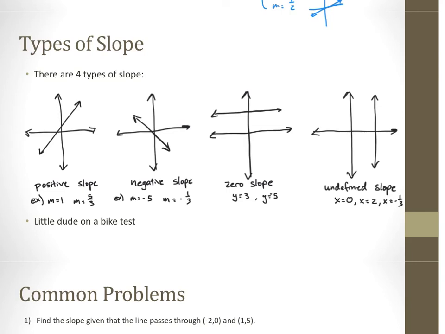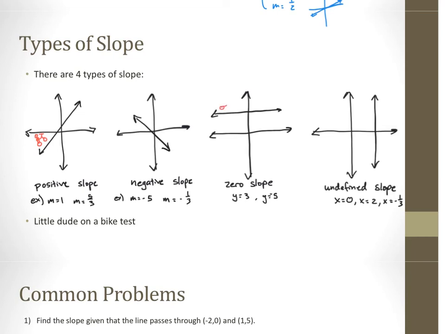And a quick and easy test that I like to talk about is my little dude on a bike test. So if I were to have a little dude and he's riding his bike, here's his bike, yay bike, and he's going uphill, then it's a positive slope. If he's on his bike and he's going downhill, then it's a negative slope.